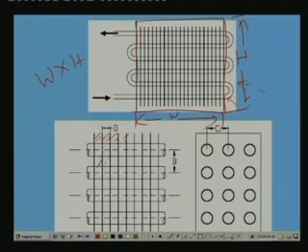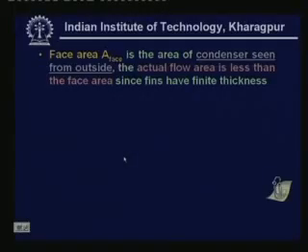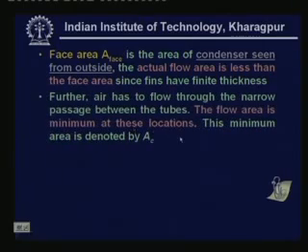Okay, so this area minus the area occupied by the fins minus the area occupied by the tubes is what is available for the flow rate of the air. So the actual flow area is less than the face area since fins have finite thickness, as I have already explained. Further, air has to flow through the narrow passages between the tubes, and the flow area is minimum at these locations, and this minimum area is denoted by A subscript C.